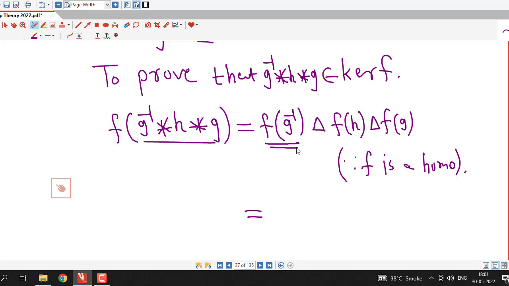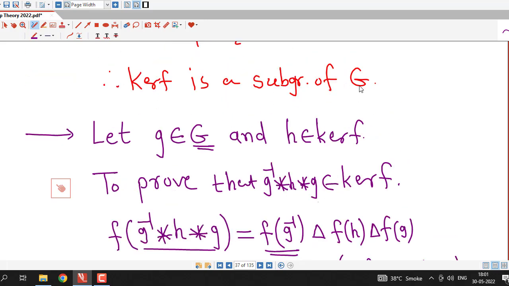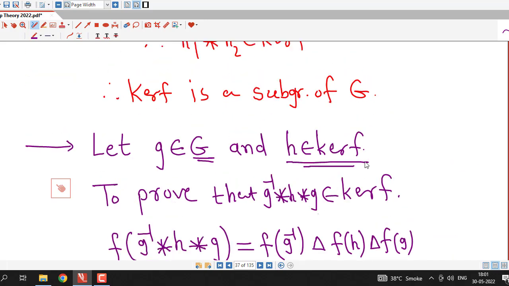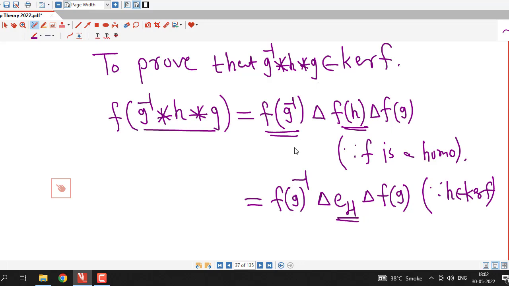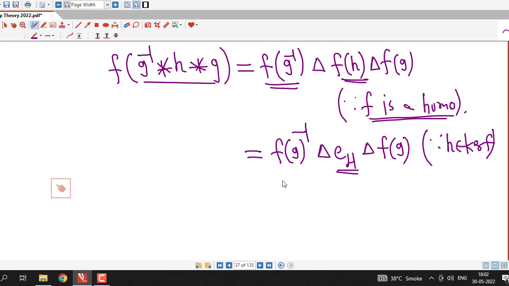Now again I am using that property, F of g inverse can be written as inverse of F of g, and h is an element of kernel of F. Therefore F of h will be equal to identity in H. So here we are using the fact that h belongs to kernel of F. Therefore this is replaced by identity of H, and F of g inverse is equal to inverse of F of g, which happens because F is a homomorphism.